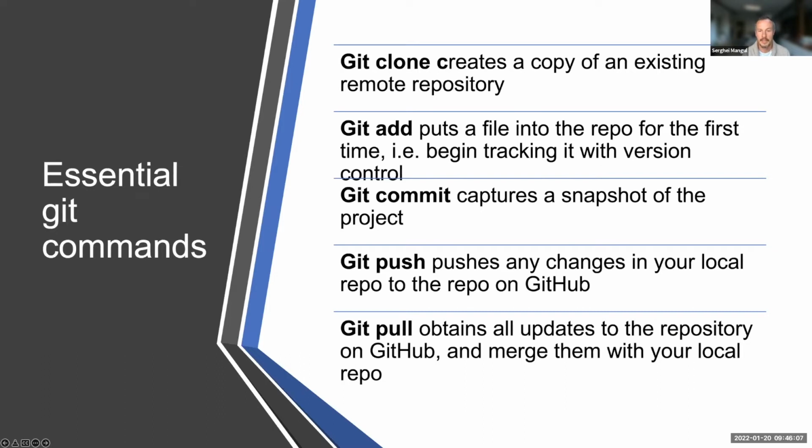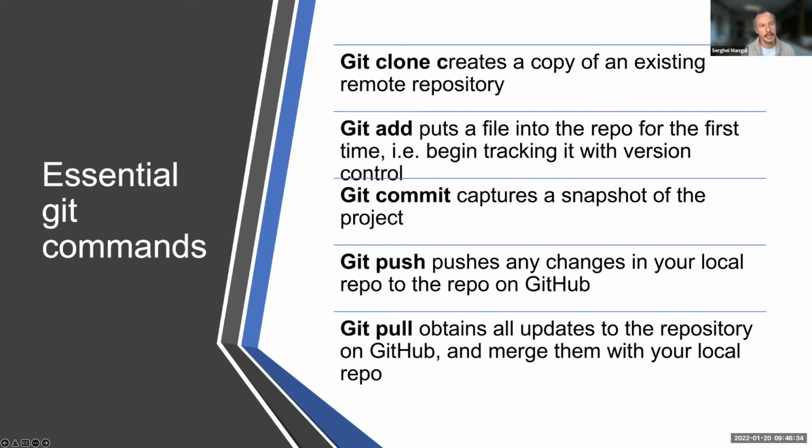So Git Commit will capture a snapshot of the project, right? So you did some changes locally, you say, okay, I would like to add the files to the repo online. Let's say you have changed 2 files and you say, okay, I want to add those 2 files. And then when you do commit, you say, okay, I want to take a snapshot. I want to take a photo of those changes and write some comment.